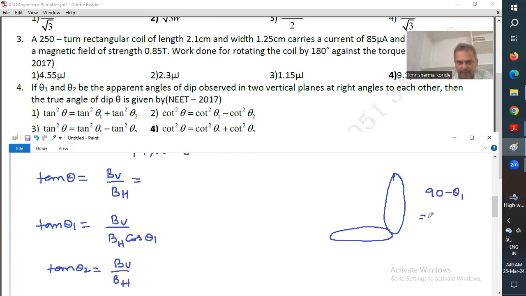So 90 minus theta 1 you treat as theta 2. So first angle is theta 1, second angle is 90 minus theta 1. So therefore cos of 90 minus theta 1 is sin theta 1, so BV by BH sin theta 1. So cos of 90 minus theta 1 itself is this one, sin theta 2.